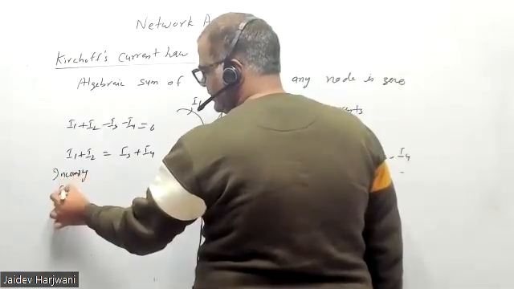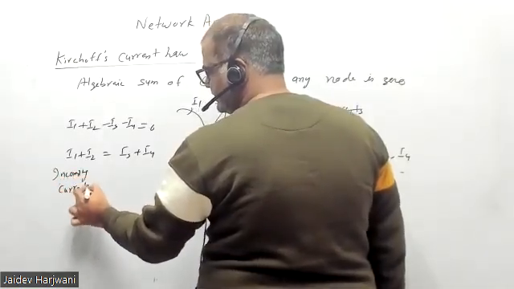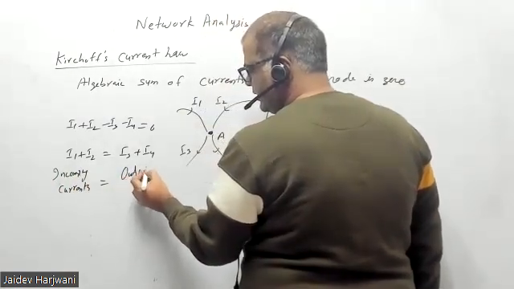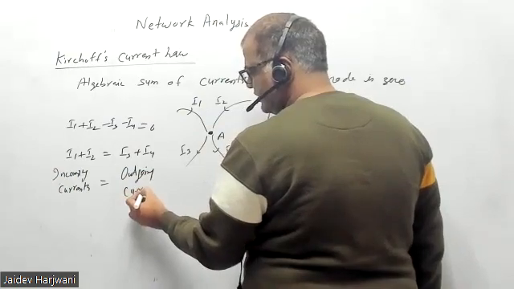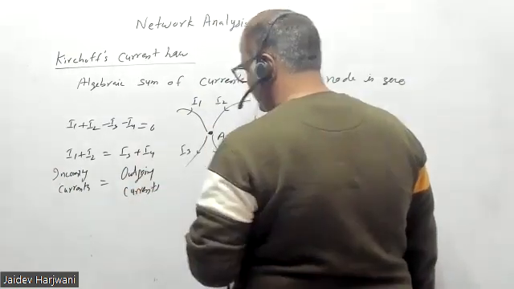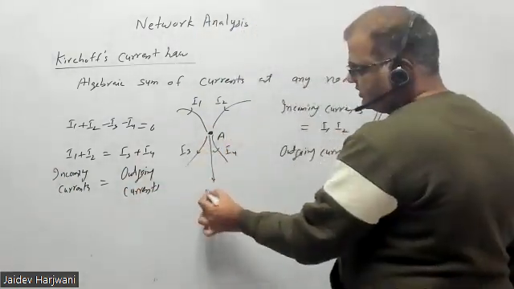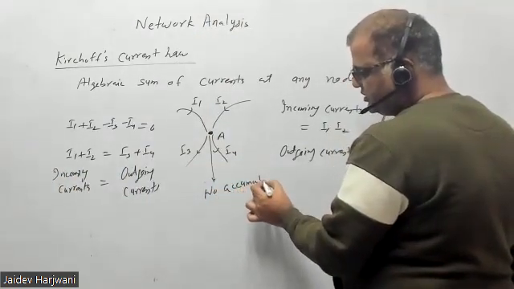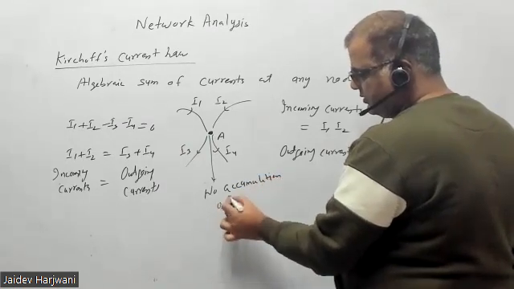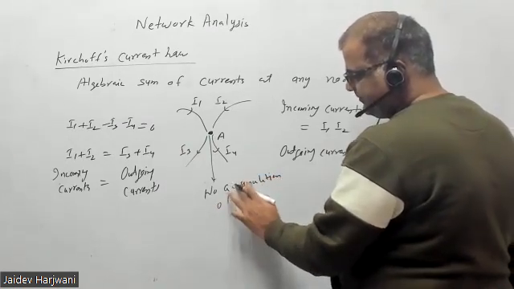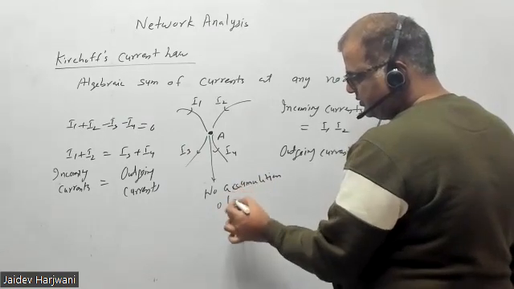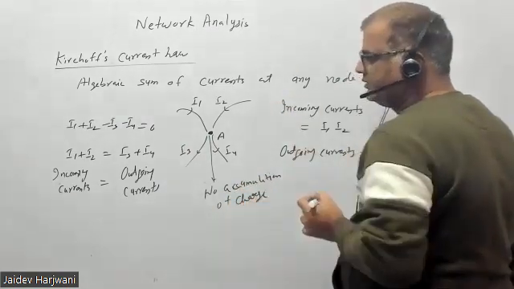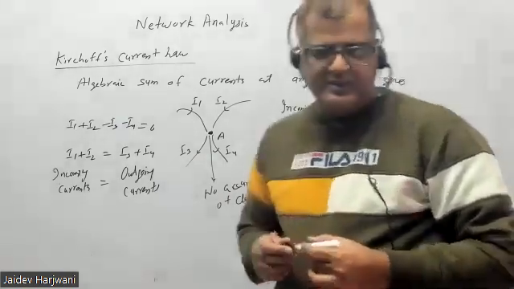Incoming currents are equal to outgoing currents, because charge is not accumulating. No accumulation of charge, so the currents should be equal.